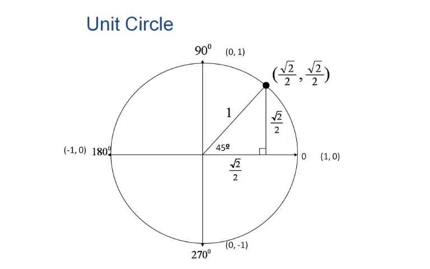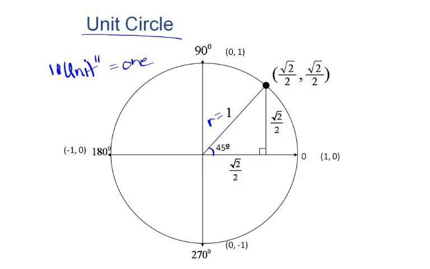Now let's go to the plane. Let's take our right triangle with our 45-degree angle measure, and let's put it in the unit circle. Remember, in mathematics, the word unit means 1. Well, this is a unit circle because our radius is always 1.